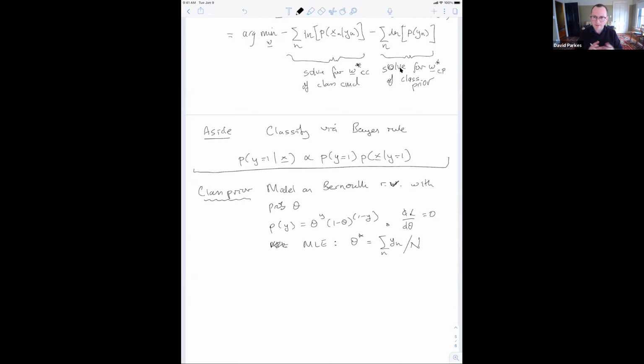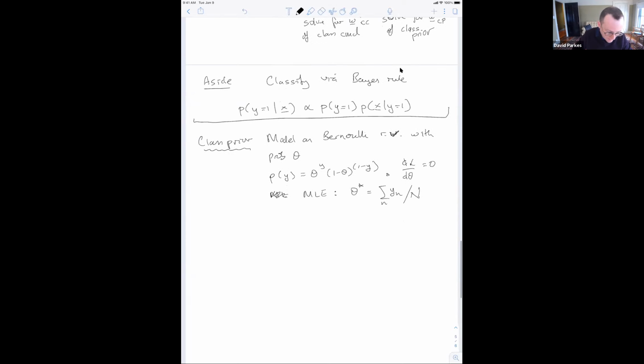I think that makes sense. It says that if a quarter of your examples are ones and three quarters are zeros, then your maximum likelihood estimate of the parameter theta of the class prior would be 0.25. So that's the class prior.